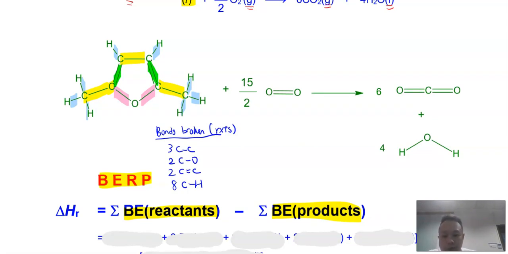Okay, so we're done with this, and then you're left with 7.5 OO double bonds. So these are the bonds broken in the reactant, all counted for.